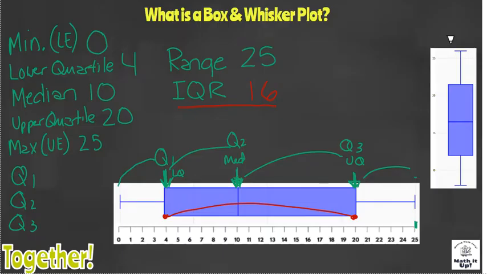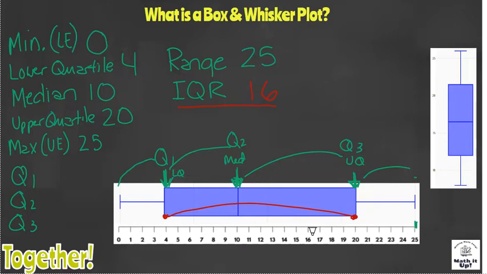So I have another box and whisker here just to show you that sometimes they are represented vertically. You will see them horizontally, I would say 90% of the time, but you will see them vertically sometimes. And occasionally, these are good for comparing data. So you might see them stacked up one over the other.